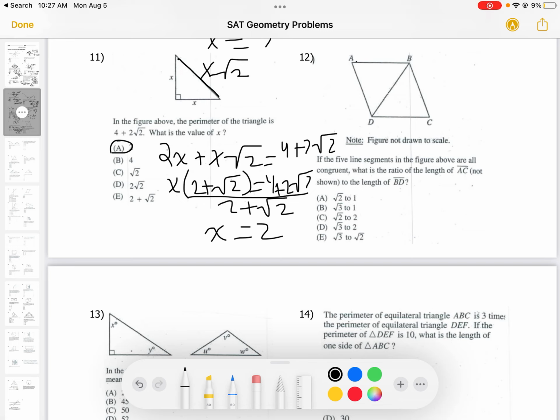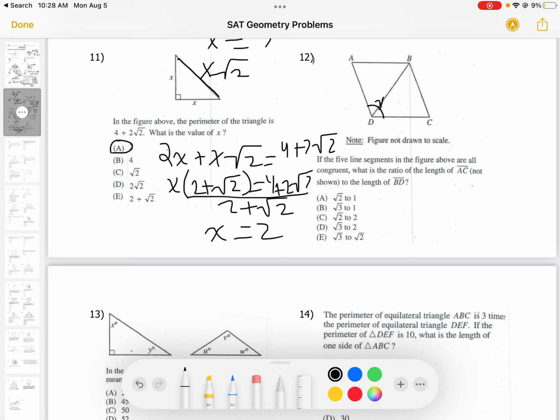So we know what we want: AC over BD. That's perfectly clear. But in order to find out what AC is, we need to know these angles, right? So I'm gonna first focus on finding these two angles right here.